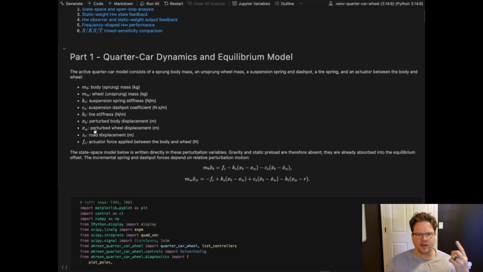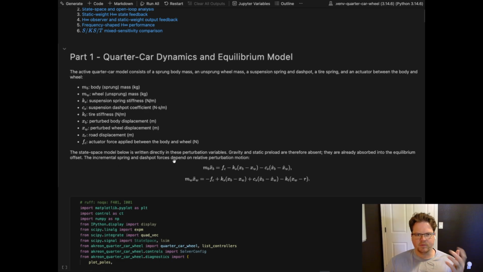Note that the body and the wheel are the two state variables in the perturbed coordinate system. ZR is the road displacement, which is the disturbance that impacts the tire, the suspension, and the body in that kinematic chain order.